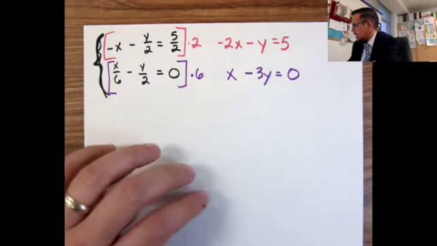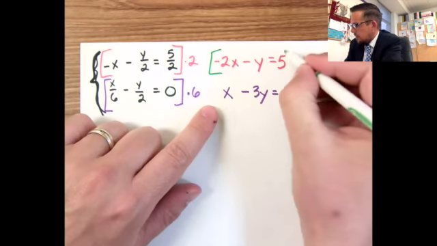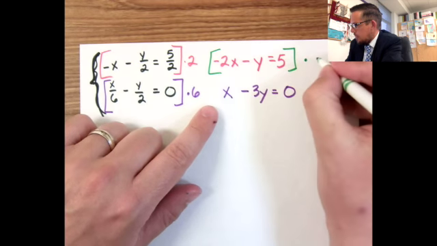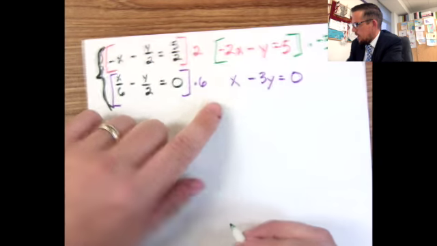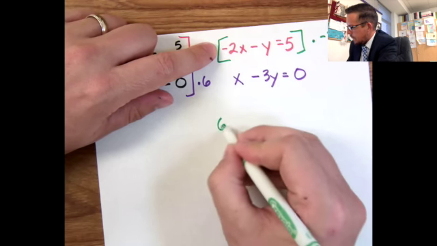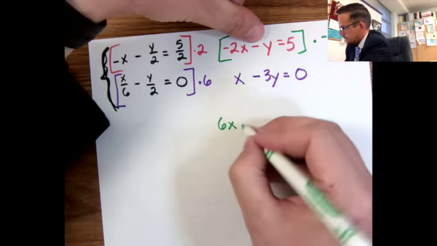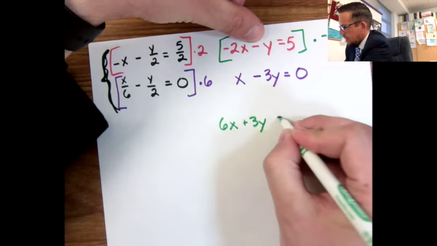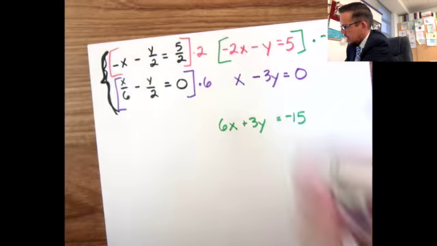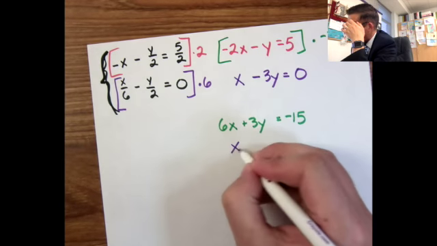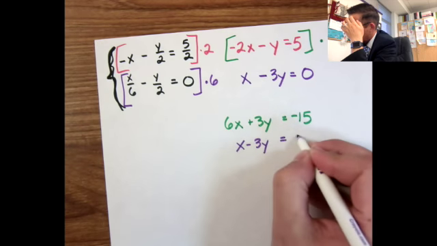So I'm going to leave the bottom alone, and the top is going to get multiplied by negative 3. So that's going to give me positive 6x plus 3y equals negative 15. And the bottom's going to stay the same. x minus 3y equals 0.